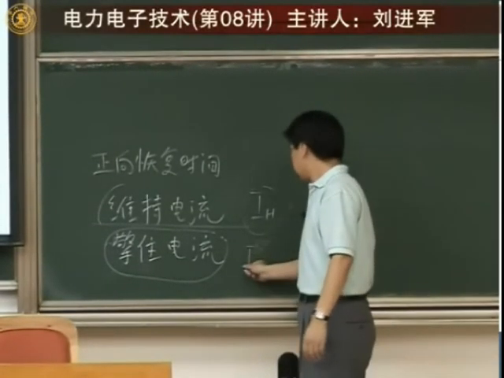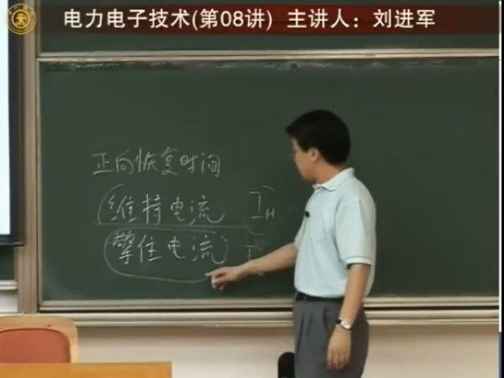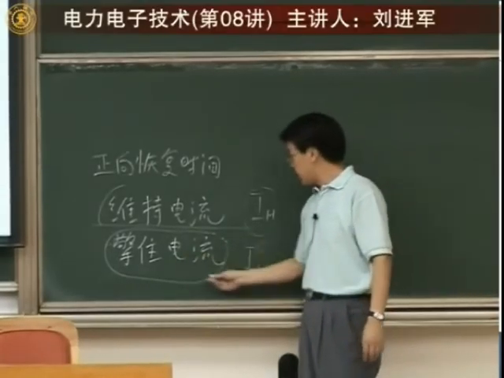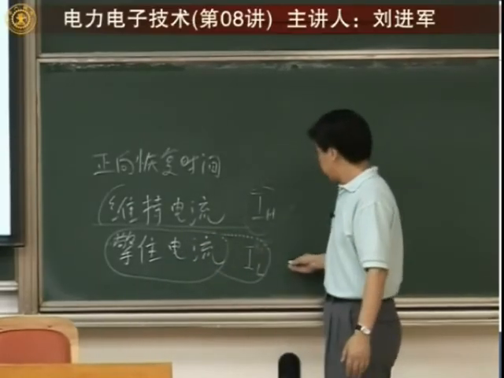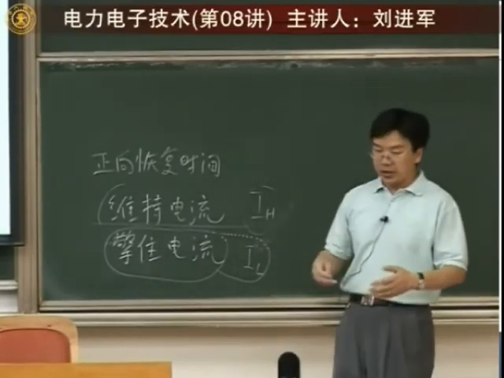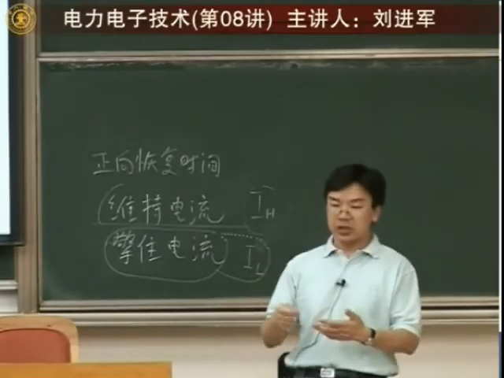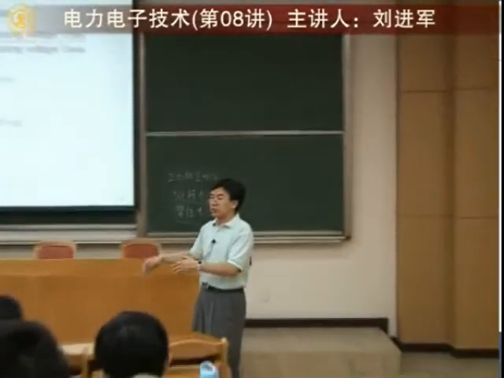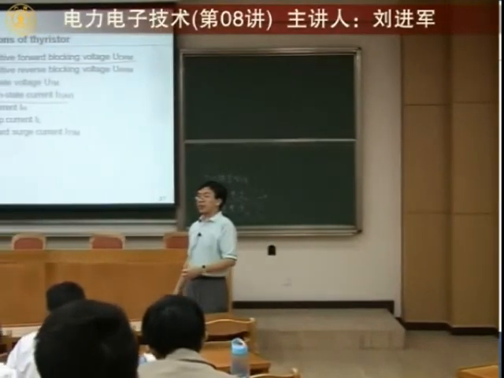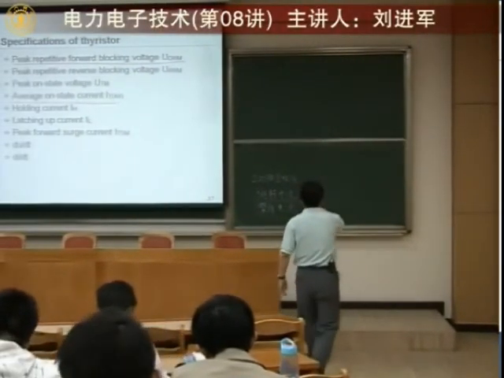Okay, I believe I make it wrong. Latch up current is the current I just mentioned. Latch up current means only when the thyristor current is larger than the latch up current, you can remove the gate current. Okay?